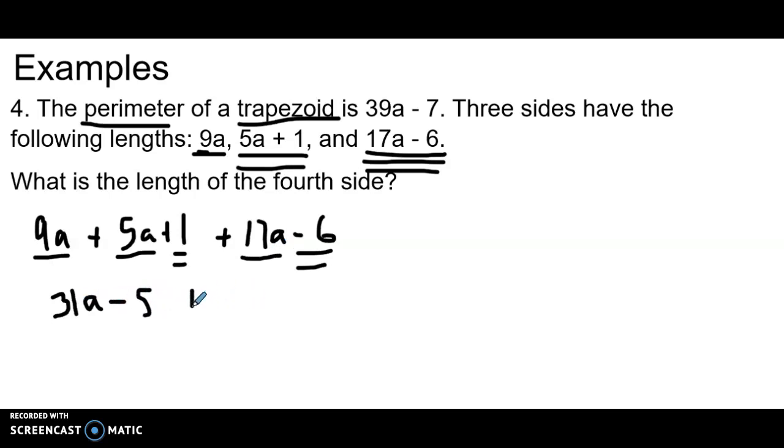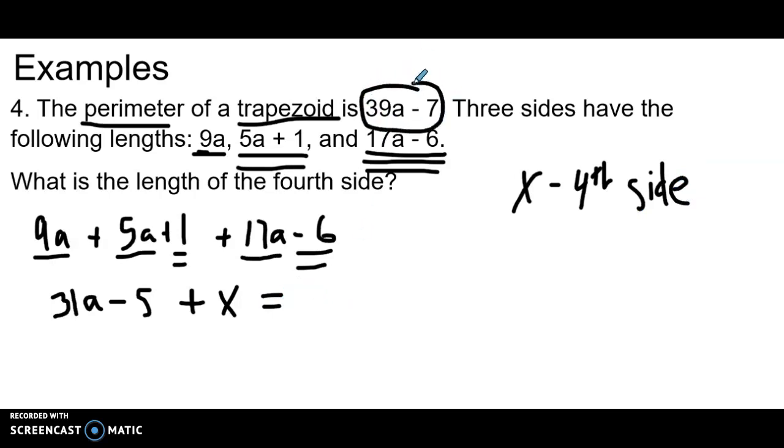We need to add the fourth, which we can call x, where x is the fourth side. And we need that to be equal to the perimeter, which is 39a minus 7. So we'll solve this. We'll subtract 31a.